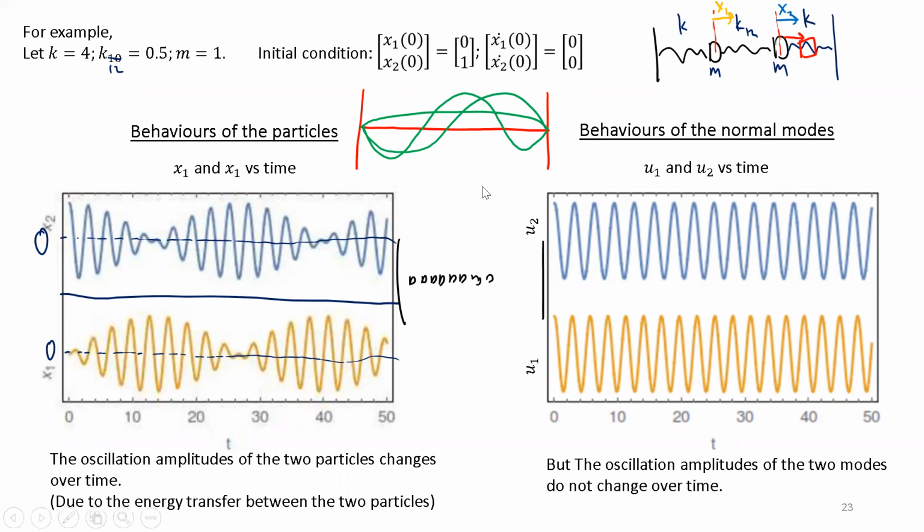Any oscillation can be expressed as a superposition of different normal modes of your system, and the different modes won't be affecting each other.